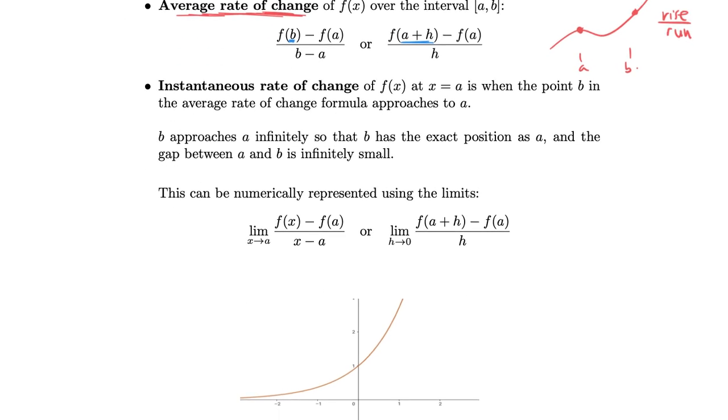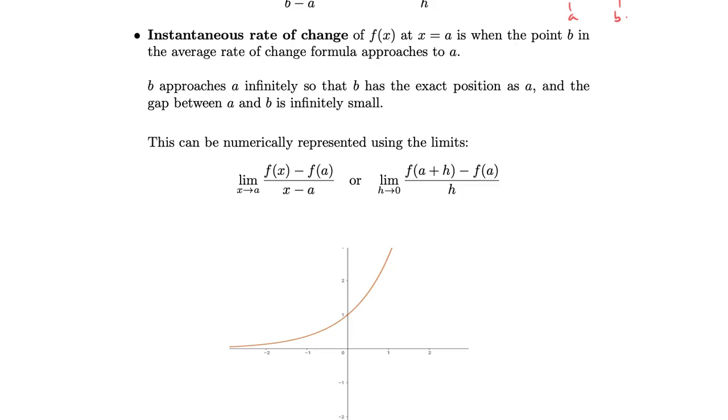Now, if I want to find the rate of change at one particular point, we call that the instantaneous rate of change. And let's say I want to find this instantaneous rate of change at x equals a. Now, graphically and intuitively, this is simply the slope of the line that is tangent to the graph at the point x equals a.